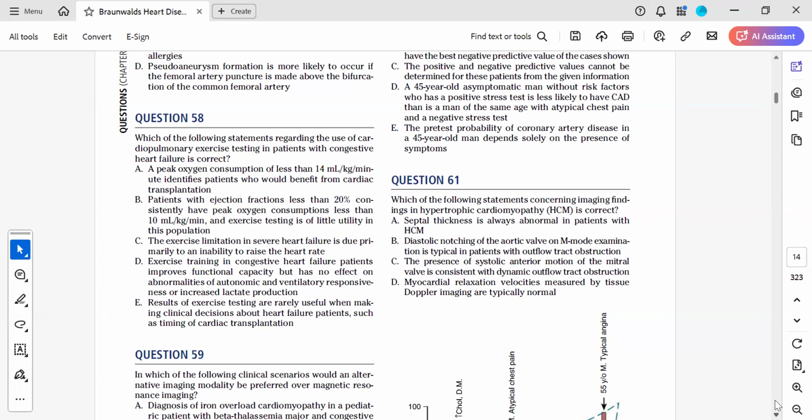Then you also want to look at whether the patient has a normal or an abnormal hemodynamic response, check the oxygen uptake kinetics, and whether the patient has some exercise-induced arrhythmias also.